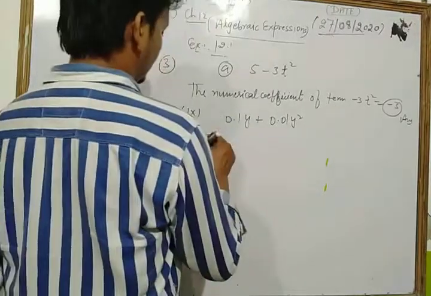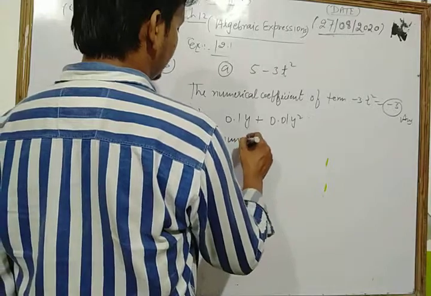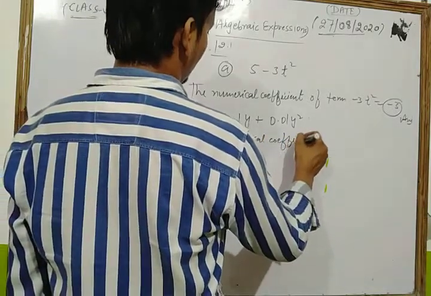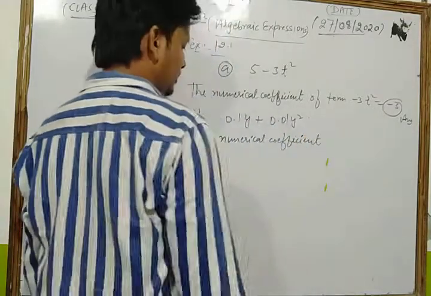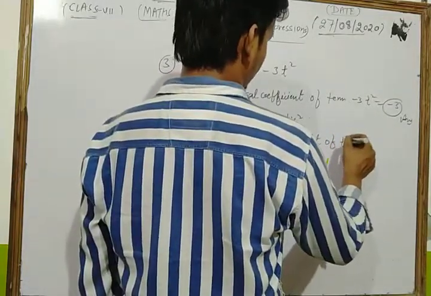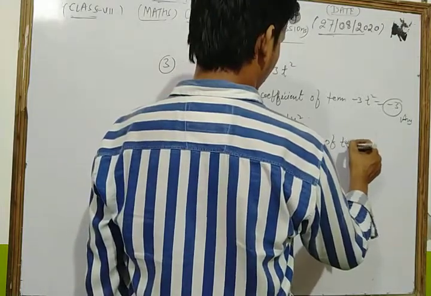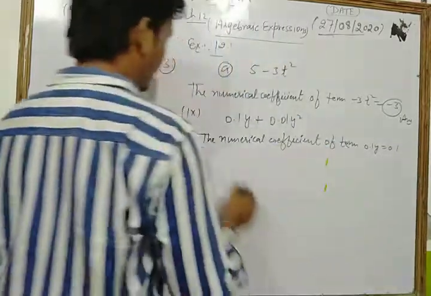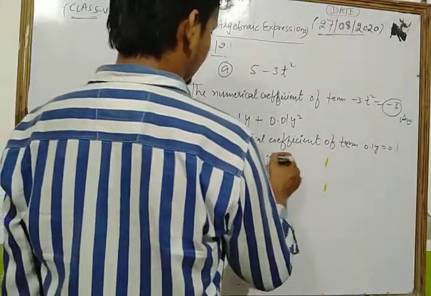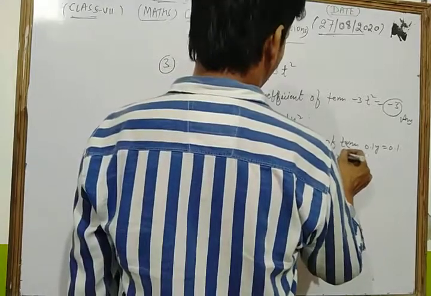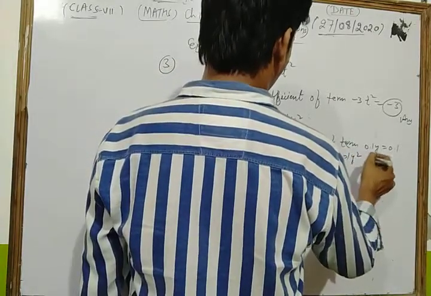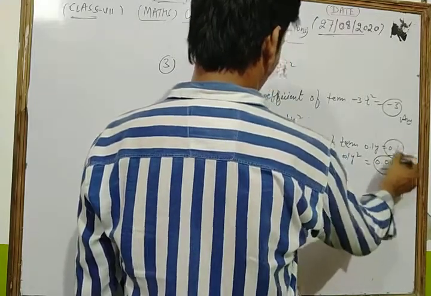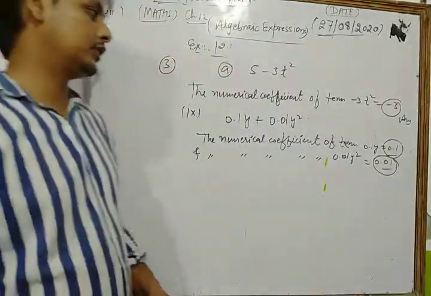Now look, write the numerical coefficient of the term 0.1y is what? 0.1. And the numerical coefficient of the term 0.01y square is what? 0.01. So these are the concepts of the numerical coefficient of terms.